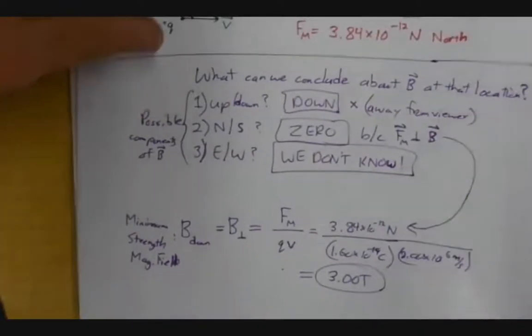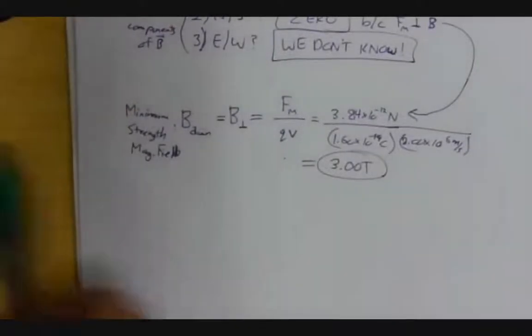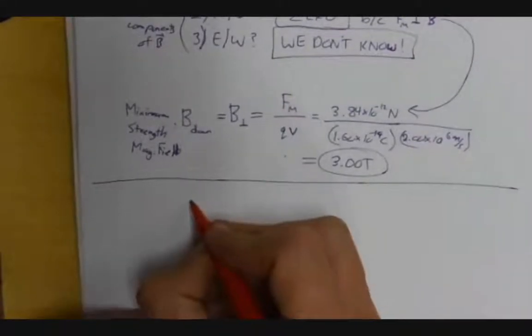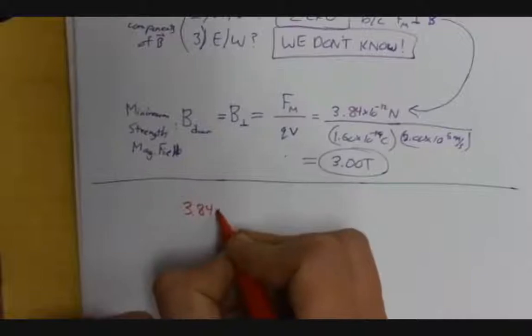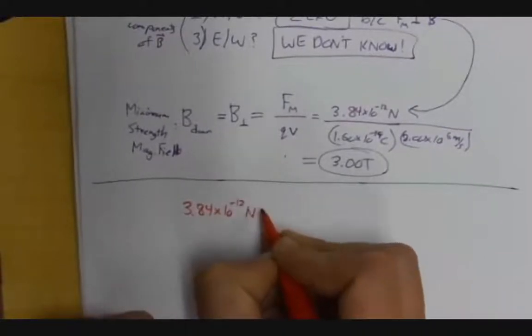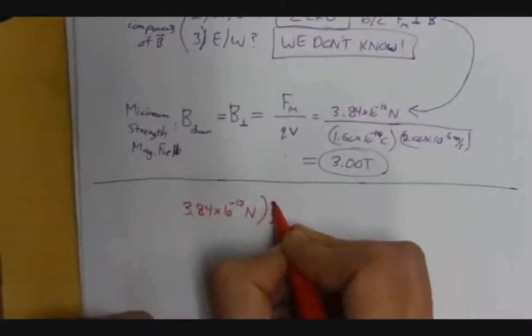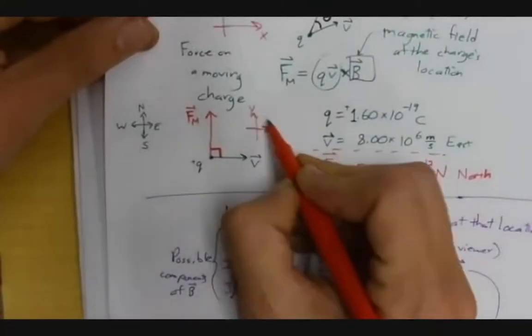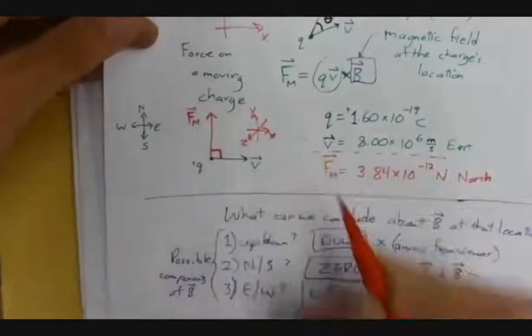I'll do that right down here. So FM is 3.84 times 10 to the minus 12 newtons j hat, if we have x, y, and then z sticks out into the page like that.